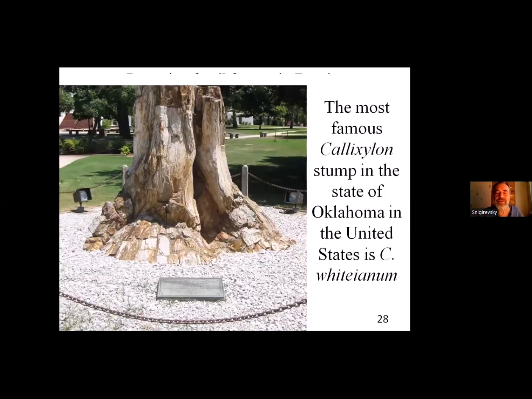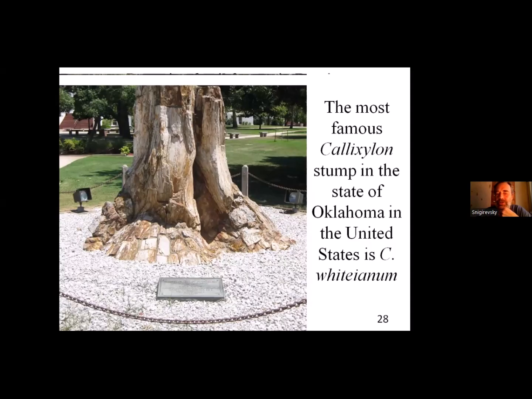So the most famous stump of Callixylon we know is from Oklahoma state in the United States, Callixylon whiteanum. It was very, very big, and many of our colleagues know only this one stump of a Callixylon tree.